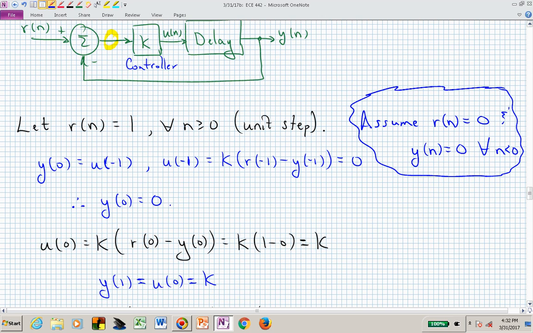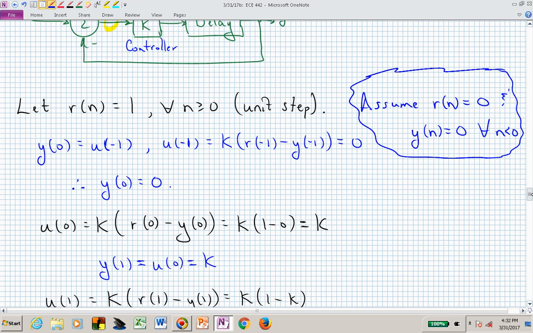And y at time 1 is just u one time step before, so y of 1 is u of 0, which is now k. Y of 0 was 0, y of 1 is now we've jumped up to k. Whatever k was, k again was the gain for our controller.